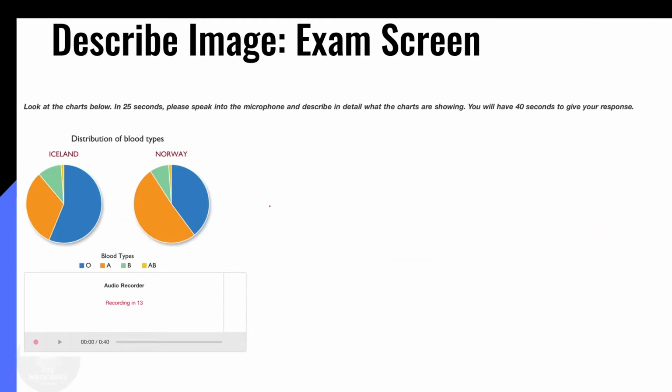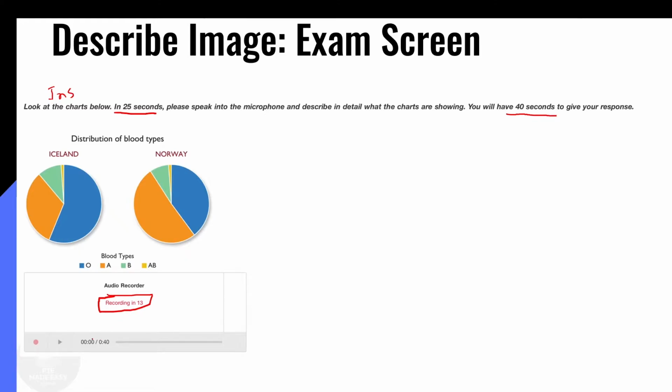So this is the exam screen. You can see that the instructions are given here. In the instruction, it is clearly mentioned that you have 25 seconds to prepare and 40 seconds to deliver your answer. In your exam, you will find this audio status box where it will say recording in that many seconds. That means after that many seconds, recording will start.